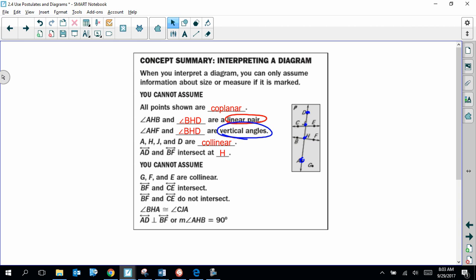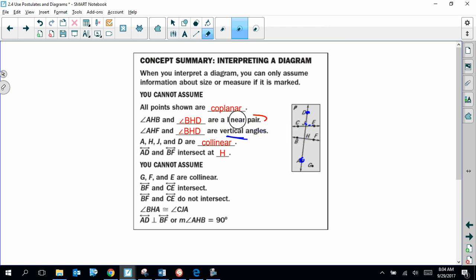BF and CE, well, we can't assume that they're going to intersect because even though it does look like they might, if we continued out this way and this way, you might say that at some point they're going to intersect, but we're not 100% sure.